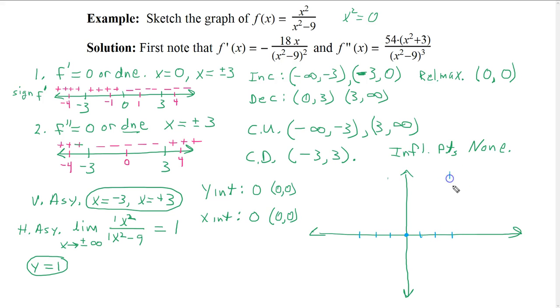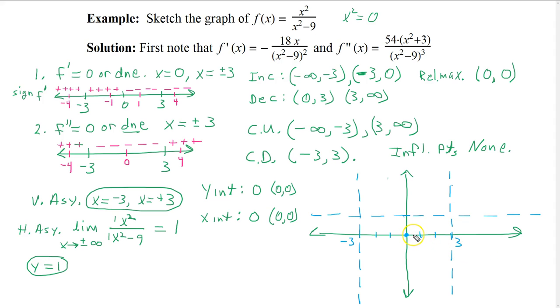So we have vertical asymptotes occurring here and here. So that's at 3 and negative 3. We have a horizontal asymptote of y equals 1, so let's put that in here, right here. So there's a horizontal asymptote.